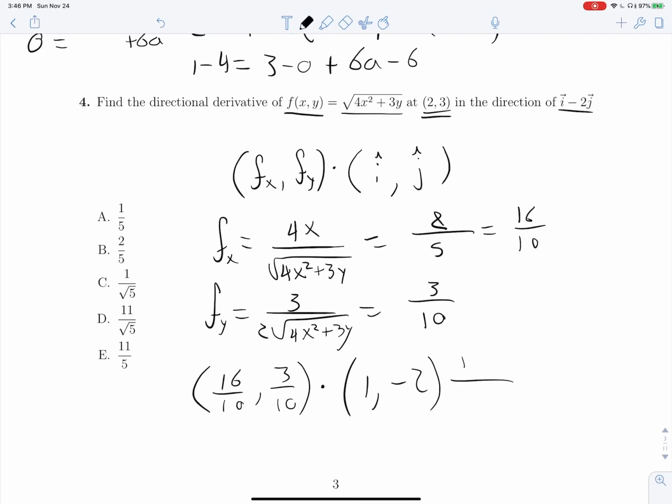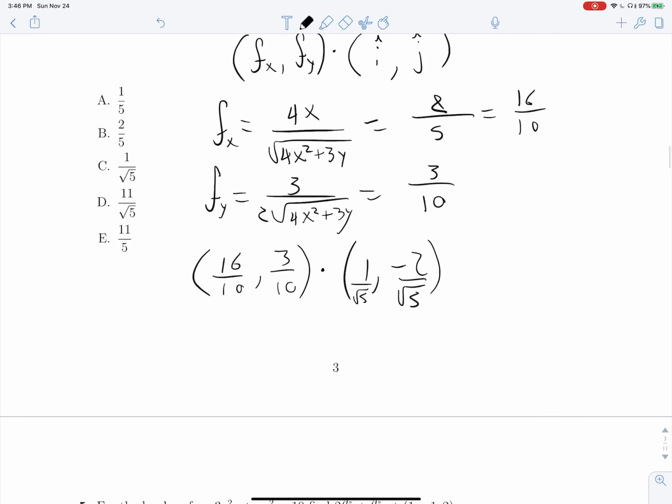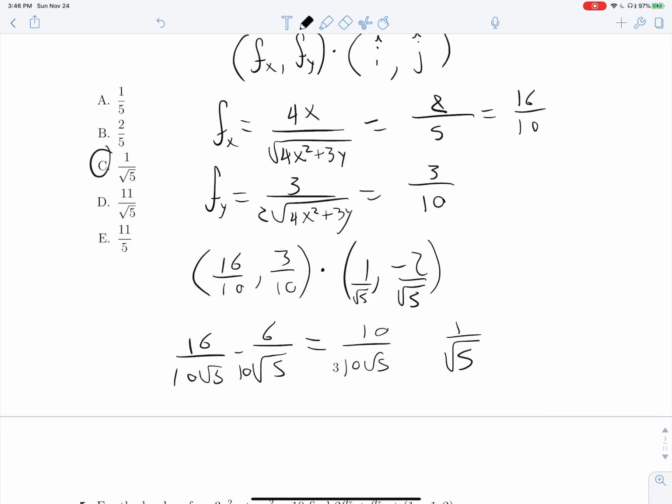And so I like moving these in here, so we have a root 5 and a root 5 under there. And now our dot product will just be our answer. So 16 over 10 root 5 minus 6 over 10 root 5 is going to be 10 over 10 root 5, or just 1 over root 5.